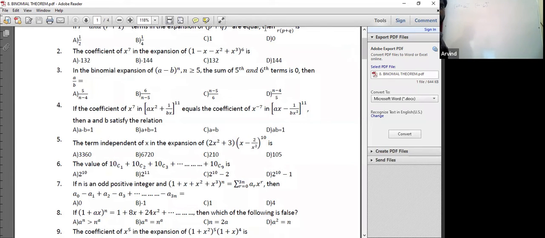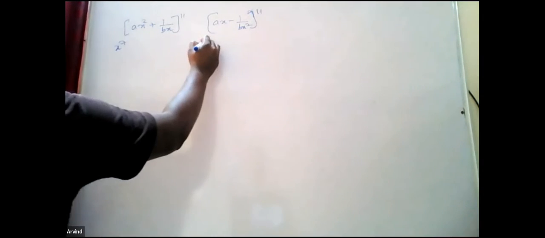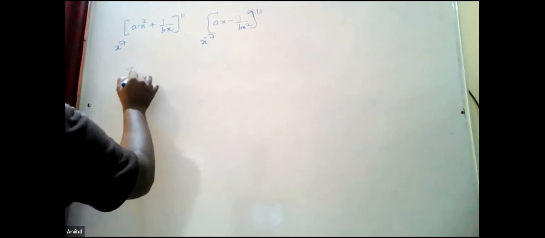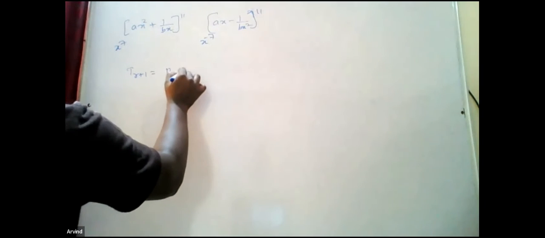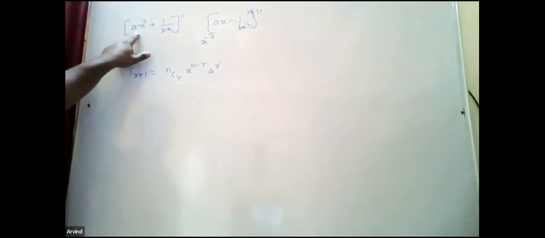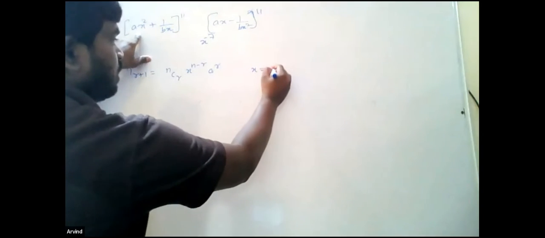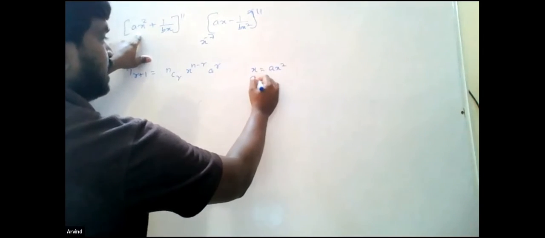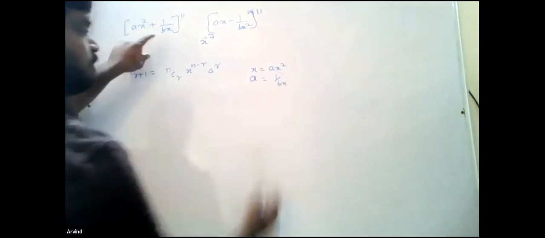The coefficients are equal. For all this, we use the (r plus 1)th term formula: Tr plus 1 is equal to nCr x to the power n minus r a to the power r. Now if you observe, in place of x there is ax squared, and in place of a there is 1 by bx.